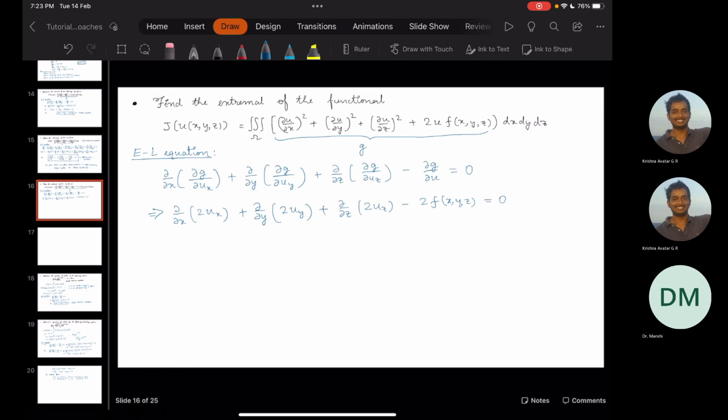Fine. So this means that we have u_xx plus u_yy plus u_zz equal to f, factoring out the 2.